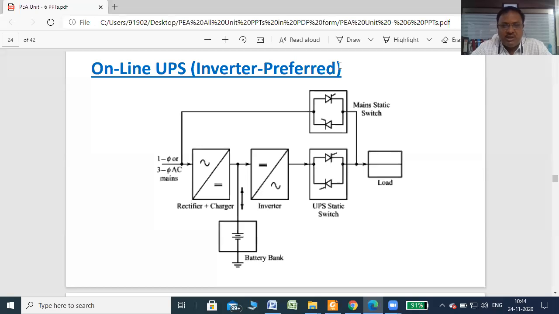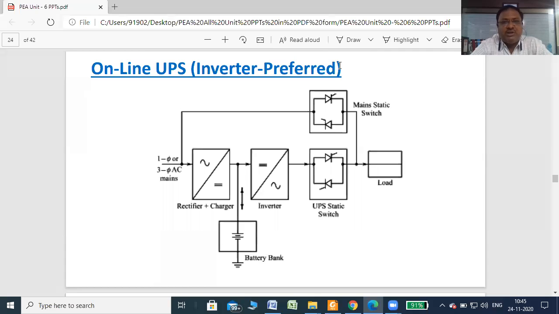Actually, both are SCRs, but the names are given as main static switch, which is directly connected between the supply and load. So that is called the main static switch. And another is the UPS static switch, which is connected through the inverter to the load. So in this particular online UPS, the load is always fed through the inverter, and that's why it is called inverter preferred online UPS.